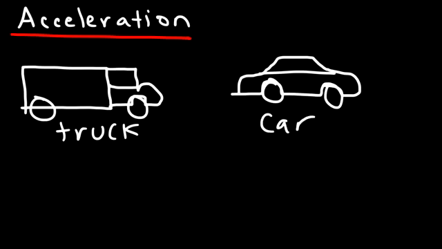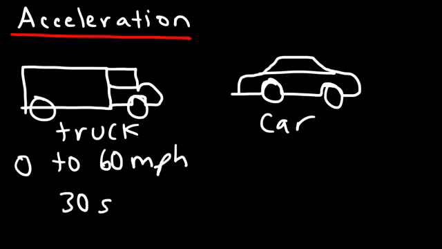So what is acceleration? Acceleration tells you how fast the speed is changing, or more technically, how fast the velocity is changing. So the truck can probably go from 0 to 60 miles per hour in maybe, let's say, 30 seconds.